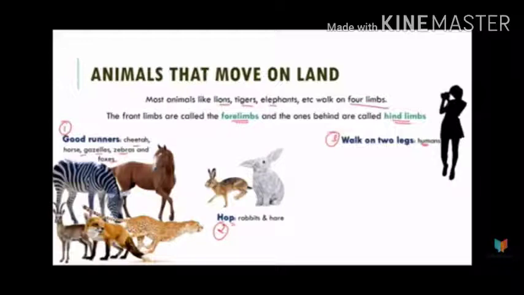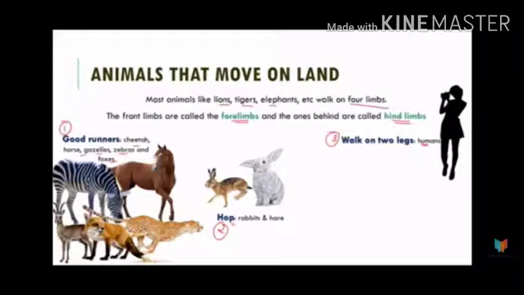For example, we humans walk on two legs. Now you can see here where our hind limbs are modified into feet, which help us in walking, correct? Whereas forelimbs are modified for holding and grabbing different things as well as to do work.